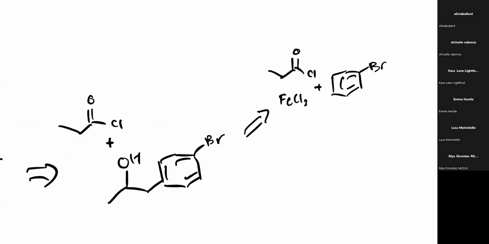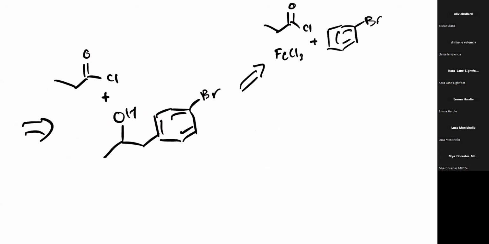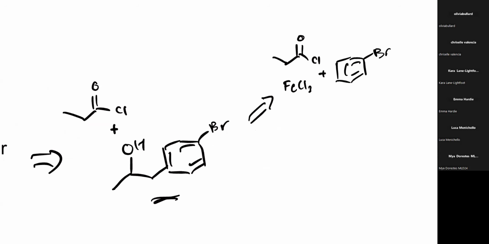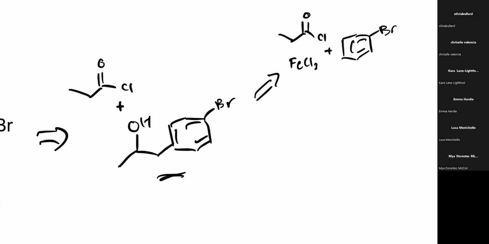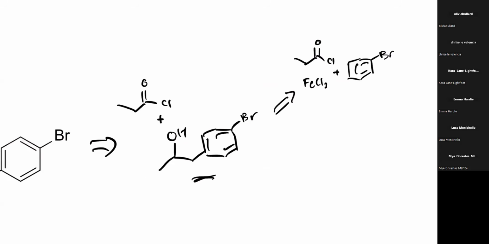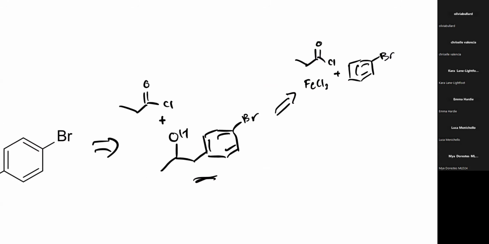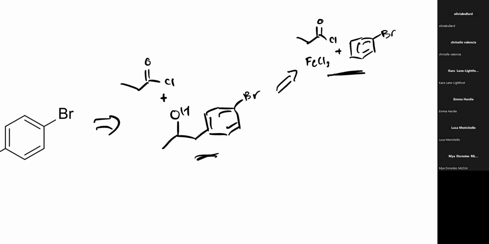That makes sense to do, and then you kind of run into this thing of trying to turn that carbonyl into that alcohol, which actually isn't too bad. You could also, in theory, do some sort of Grignard or something. But that also runs into its own issues. So we're just gonna try this.